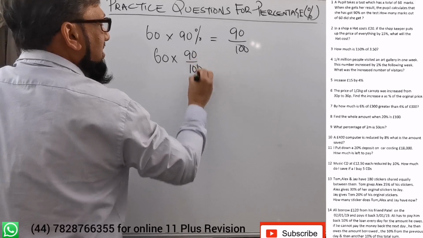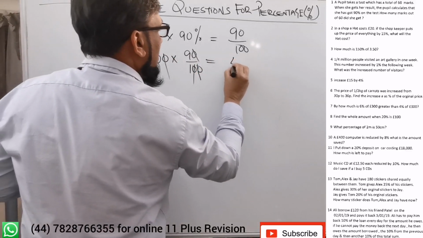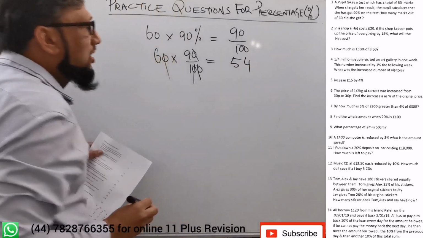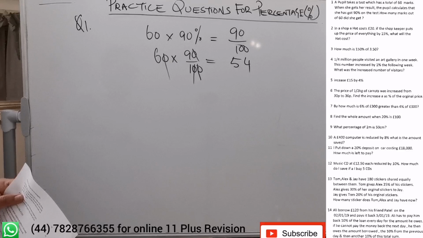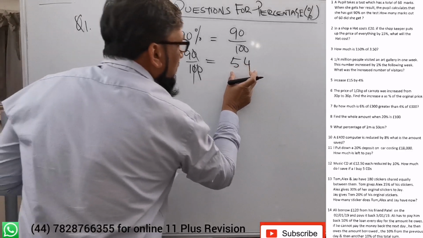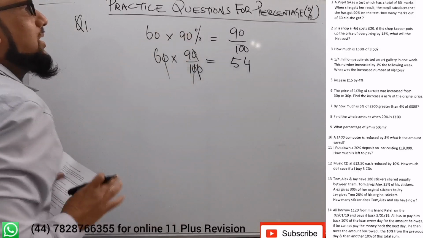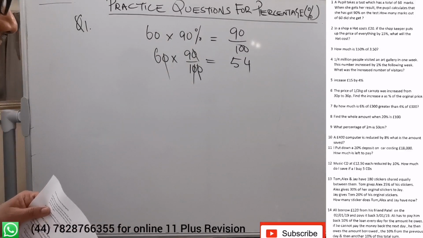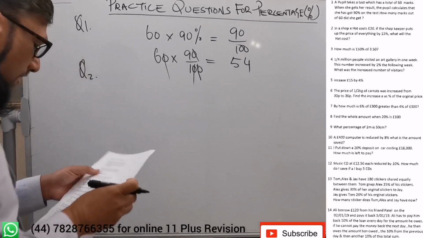This 0 cancels with this 0. So her marks will be 54. So she got 54 marks out of 60, which is equal to 90%.